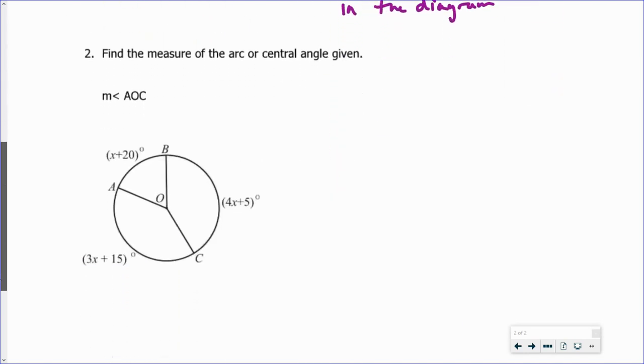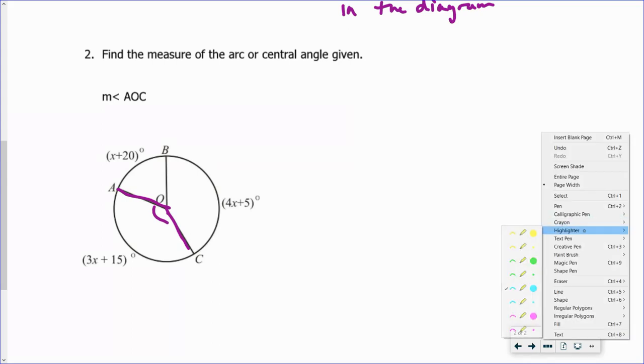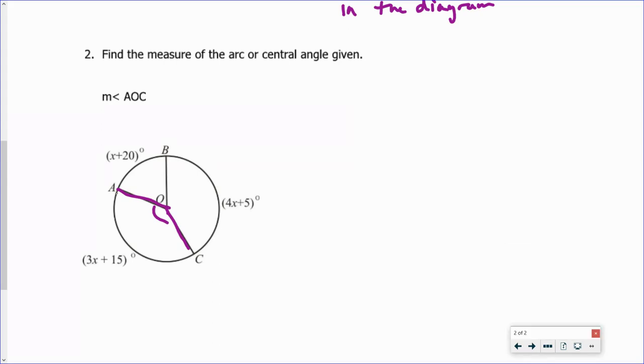Okay, one last problem. We want to find the measure of angle AOC. Okay, so we're looking for this angle here. So in order to do this, really what I need to do is find the measure of this arc right there.